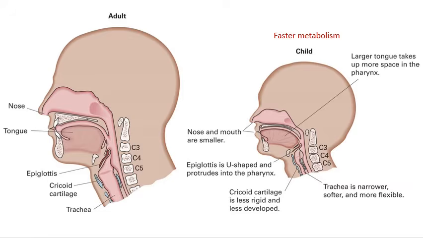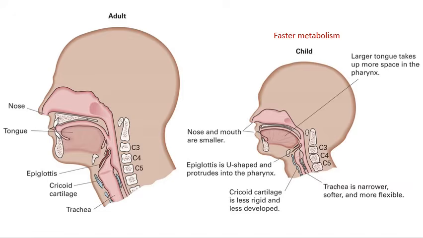And you'll also see the kid's head is proportionately bigger to their bodies than ours are. The trachea being narrower, smaller, softer, and more flexible is going to come into account whenever we ventilate these kids, along with their big old heads. We'll have to make sure that we pad under their shoulders to keep an open airway.